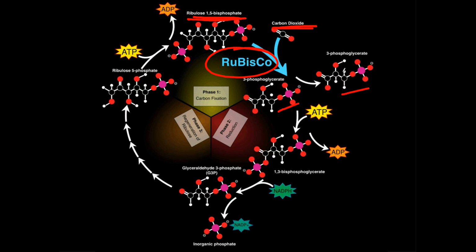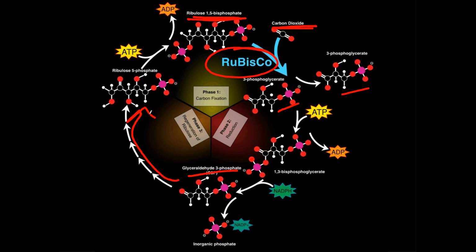So that's what we got here, 2 3-phosphoglycerate. Each of these 3-phosphoglycerate, through an intermediate step, becomes a glyceraldehyde 3-phosphate. So we have taken both of these 3-phosphoglycerate that Rubisco has made, and we make them into 2 glyceraldehyde 3-phosphate. From this point on, one of these glyceraldehyde 3-phosphate is going to become ribulose 5-phosphate again.